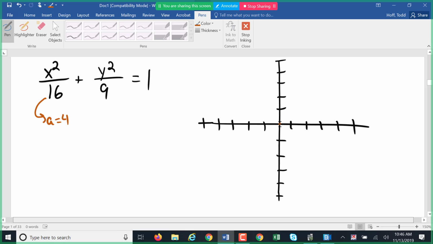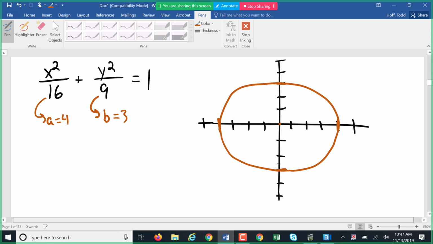So from the origin, I can go 4 to either side for the ends of my ellipse. My vertical semi-axis, B, equals 3, because the square root of 9 is 3. So that means it goes up to positive 3 and negative 3. So there's my ellipse.